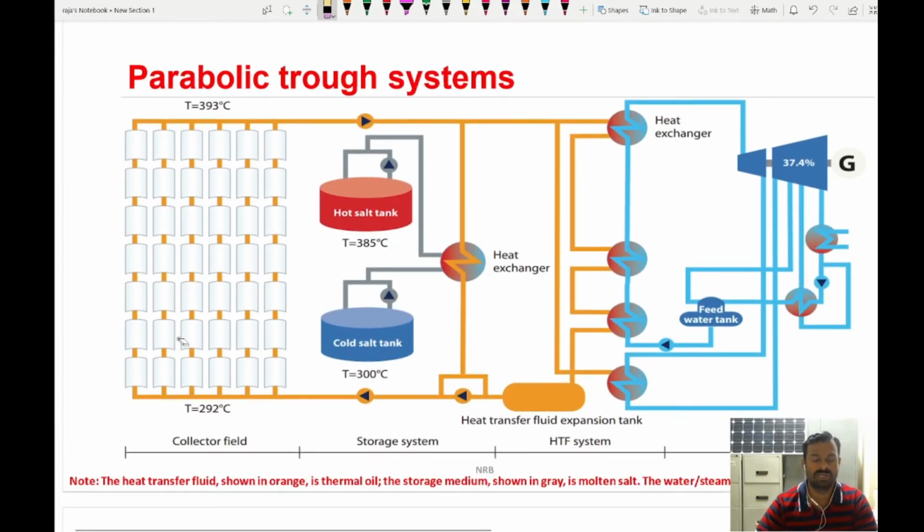So this is the pictorial view of this parabolic trough system. Basically we have four blocks: the collector field, the storage system, the heat transfer fluid system, and the power block. First we have the collector field, where you have a large number of reflectors.